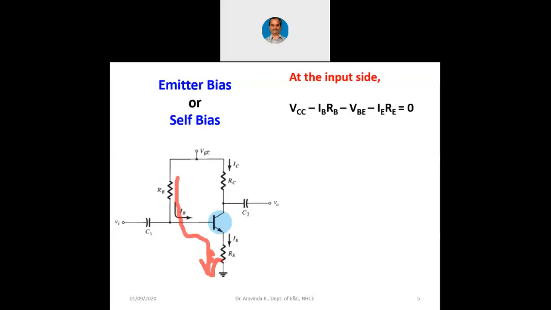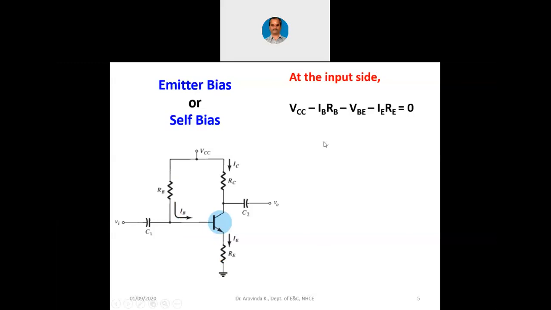So here it is VCC minus IBRB. From the supply till ground, we have this input loop. The total voltage is VCC, the voltage drop across RB is IBRB, the voltage drop across the PN junction is VBE, and the voltage drop across RE is IERE. So VCC minus IBRB minus VBE minus IERE equals 0.